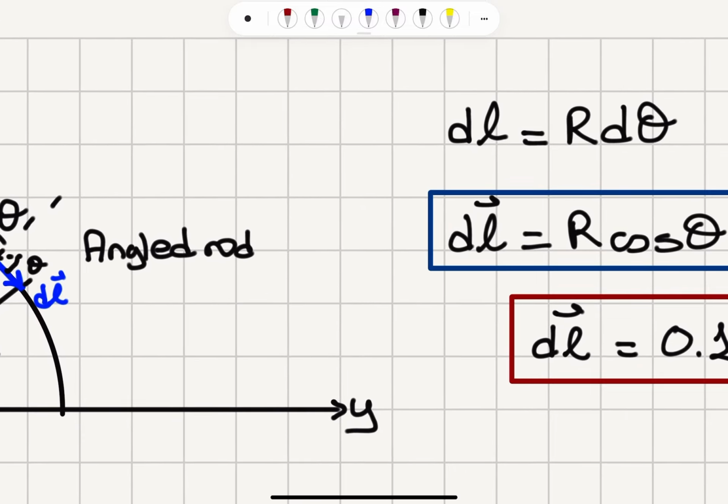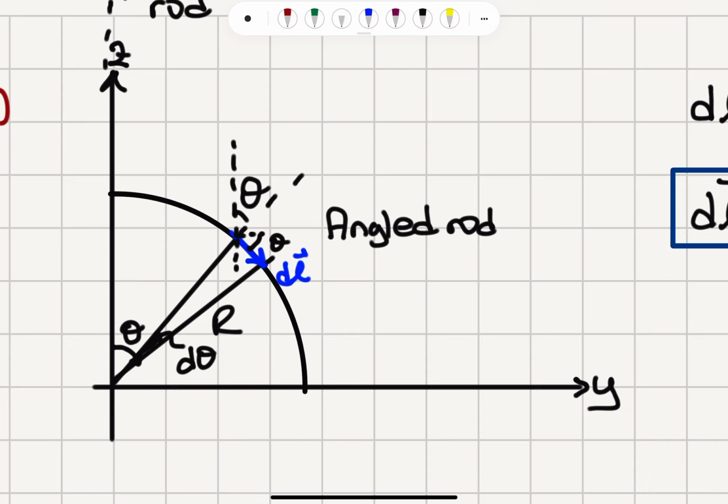And we found this angle by following the geometry here. If you look at this radial axis, it makes an angle theta with the vertical. If I go to the horizontal axis, the angle with respect to the horizontal axis is 90 minus theta.